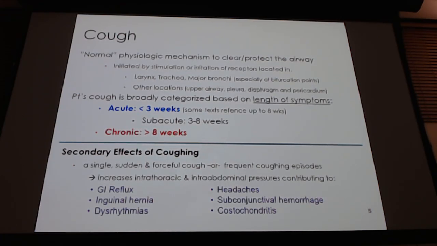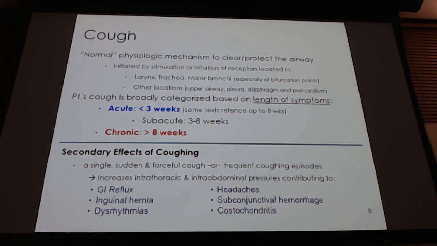So cough is normal. It is normal to have a cough. Someone coughs once, they're not dying. That is their normal physiological response to things entering the airway. So you get some stimulation down there, aspirate some LaCroix, and you'll start coughing. Get something in that airway, you will start coughing. That is a normal response, like sneezing.